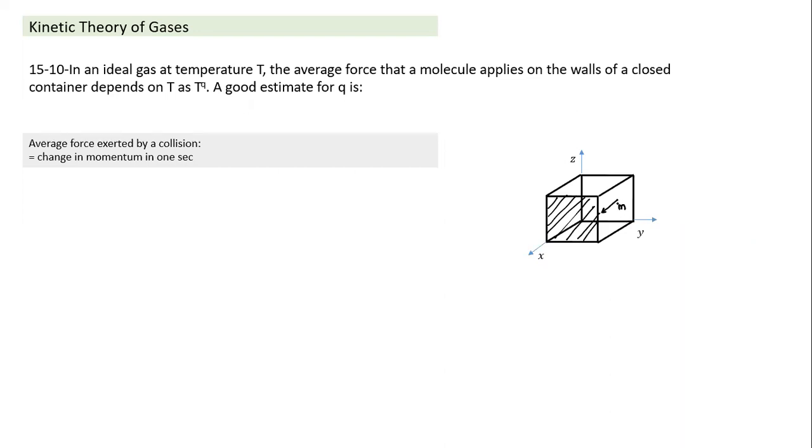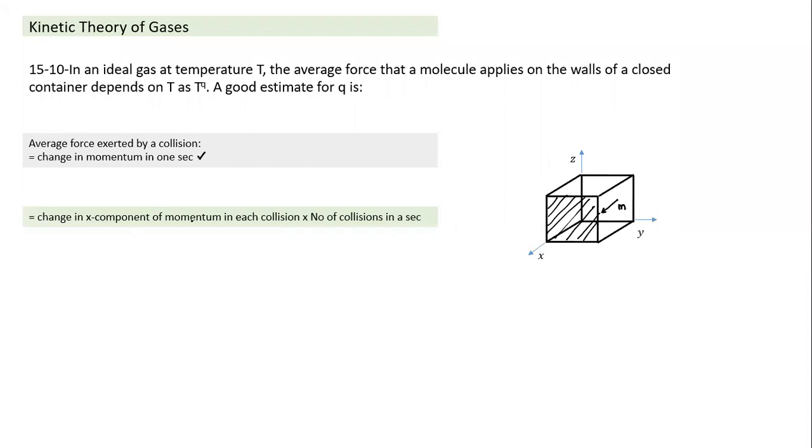So can we calculate what force one molecule exerts? Average force exerted by a collision will be equal to change in momentum in 1 second. That is easy. Now the question is, what is change in momentum in 1 second? If we take a plane which is perpendicular to the x-axis, only the x component of velocity will change.